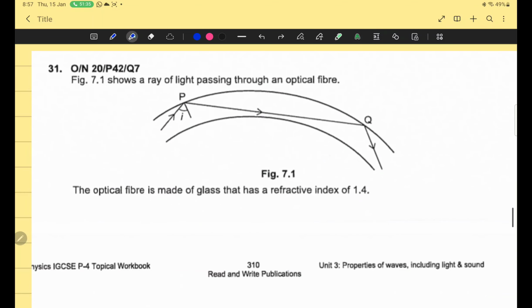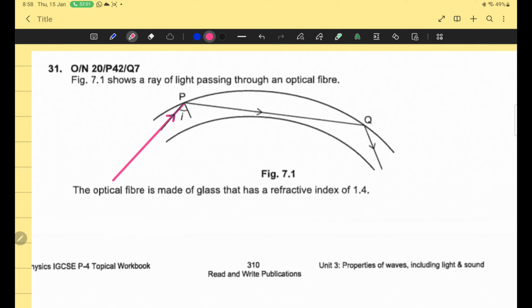This is the situation which you are given in an exam question. This is the boundary of the optical fiber, and within the boundary this is the light ray.